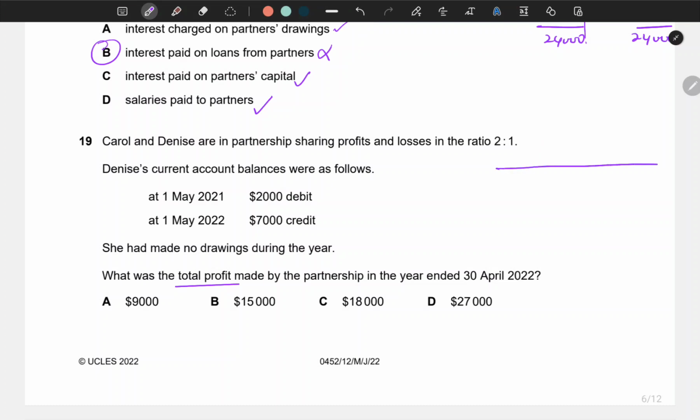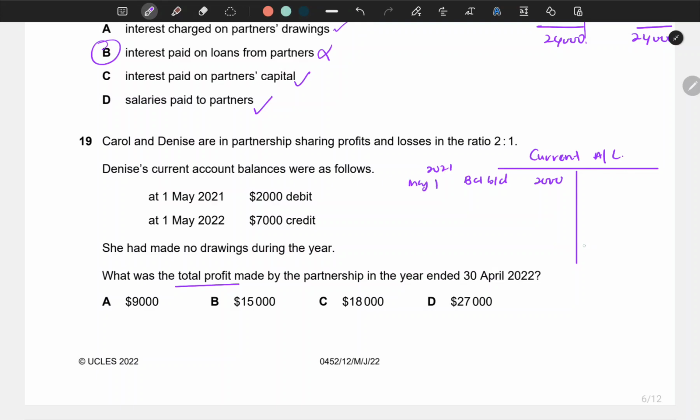So let's open the current account. There is a debit balance on 1st May 2021, so balance brought down 2,000.